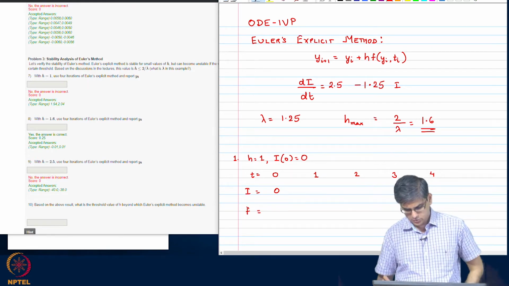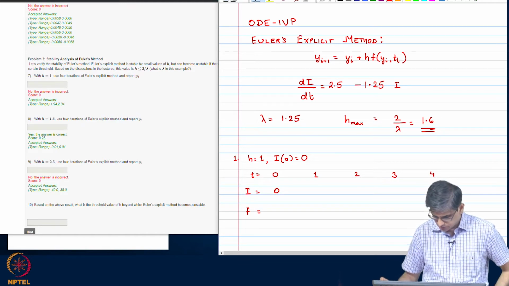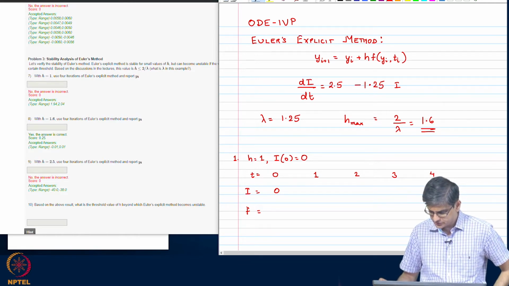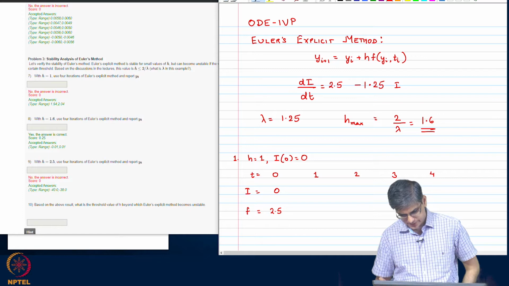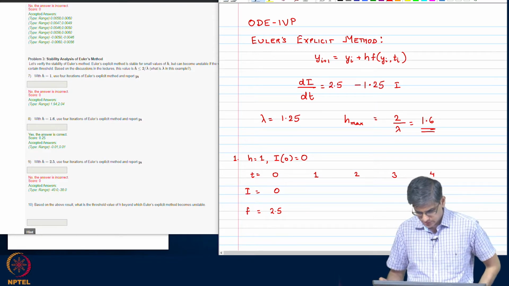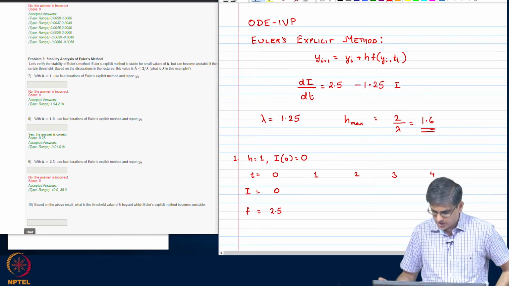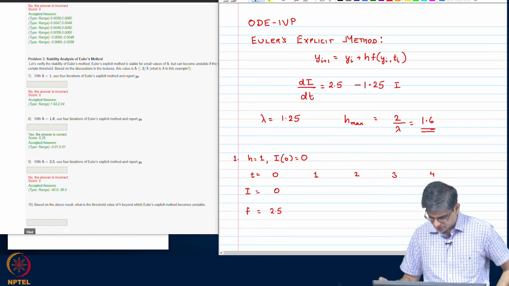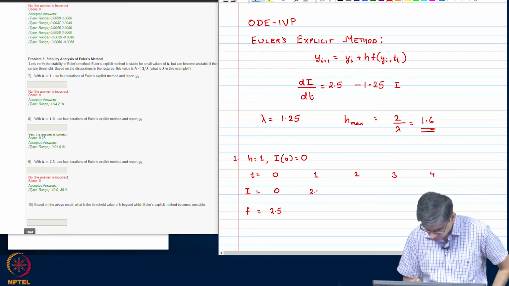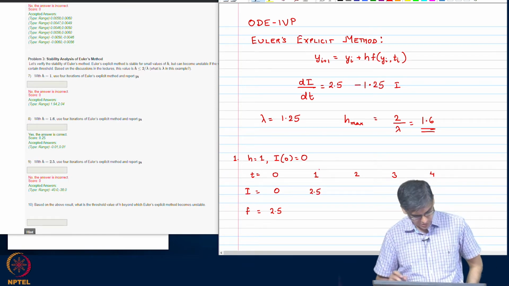Okay, so I equal to 0 initially, f is 2.5 minus 0, that is 2.5. I1 is I0 plus h multiplied by f. So that is 0 plus 1 multiplied by 2.5, so this value is 2.5.